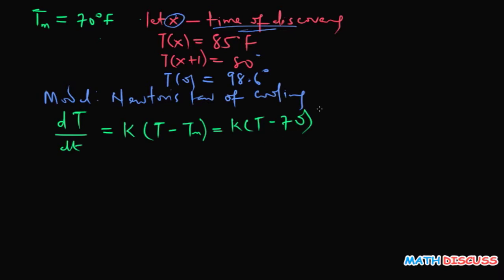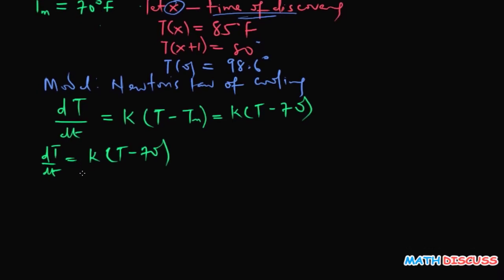So now let us solve this differential equation first. We have dT/dt equals k(T minus 70). To solve this, we use the separable method like we've been doing.